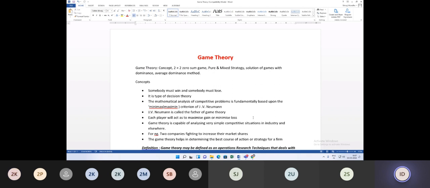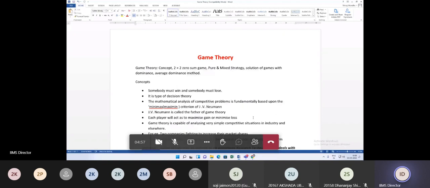This method was developed by J.V. Neumann, who is the founder of game theory. In this game theory, two different strategies are applied. The first strategy is minimax. That means from the minimum we have to find the maximum, and from the maximum we have to find the minimum.